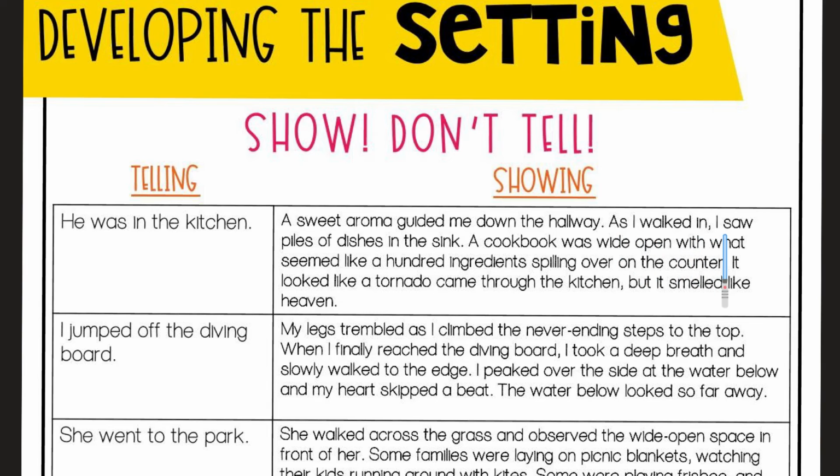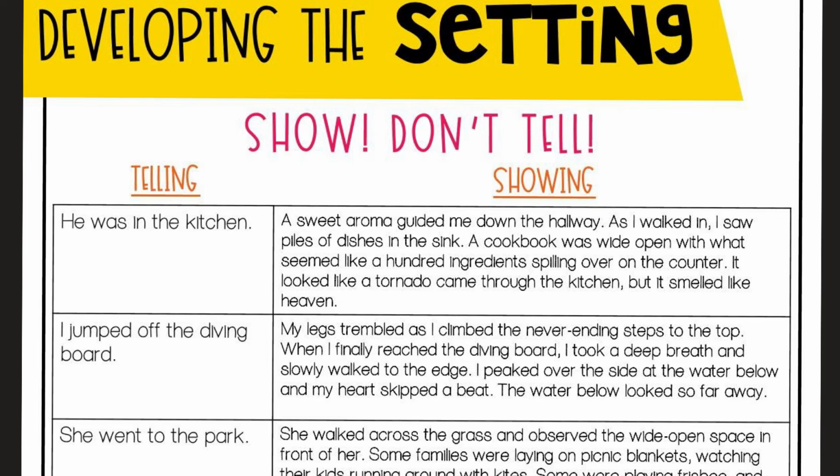As I walked in, I saw piles of dishes in the sink. A cookbook was wide open with what seemed like 100 ingredients spilling over on the counter. It looked like a tornado came through the kitchen, but it smelled like heaven. Wasn't that one much more interesting than just saying he was in the kitchen?